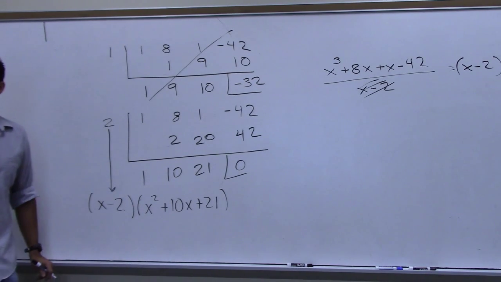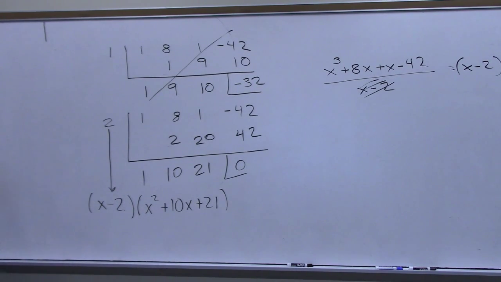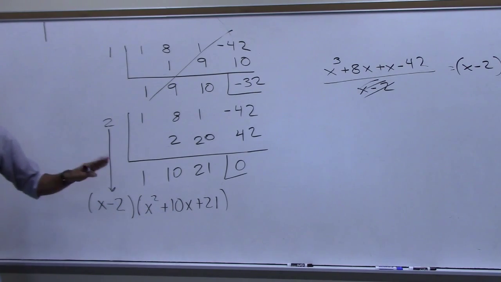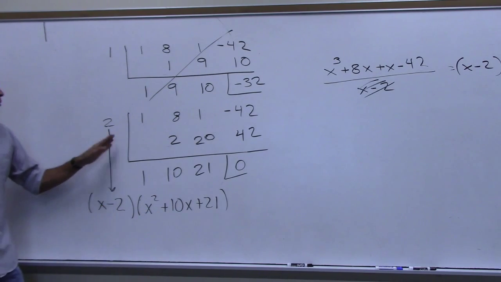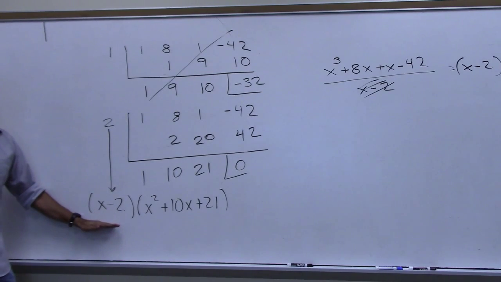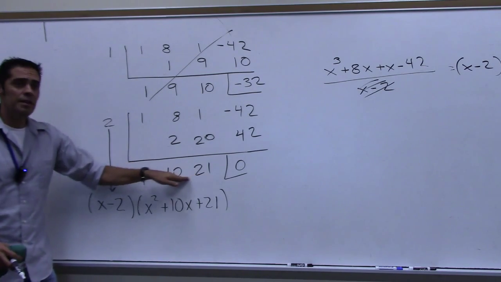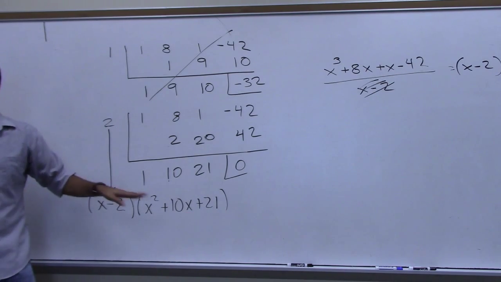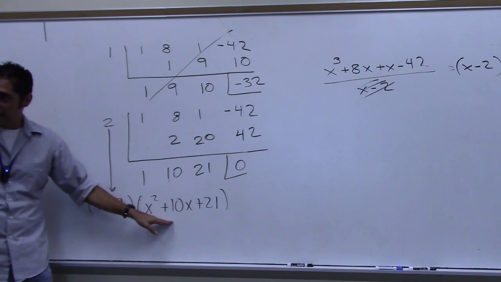Question? So when you get to the remainder of 0, and you can factor that quadratic, couldn't you just use that instead of having to go and do the rest of it? Oh yeah, exactly. That's what I'm showing you here. We use this number to get one factor, right? We look at these 3 numbers and it creates the other piece, doesn't it? Now you ask yourself, can you factor this? If you can, you move on.